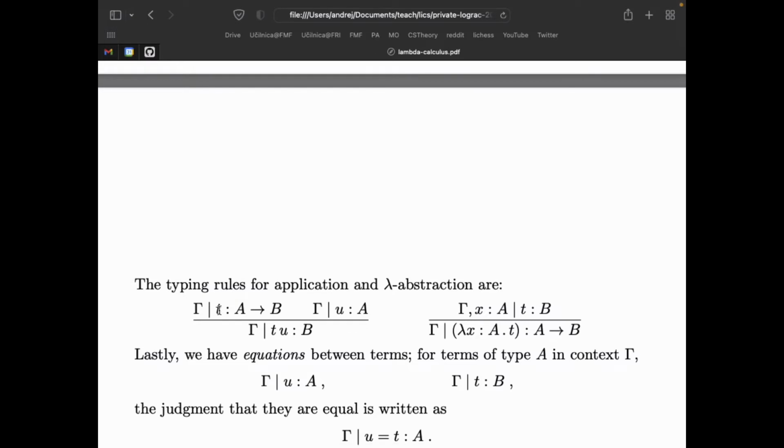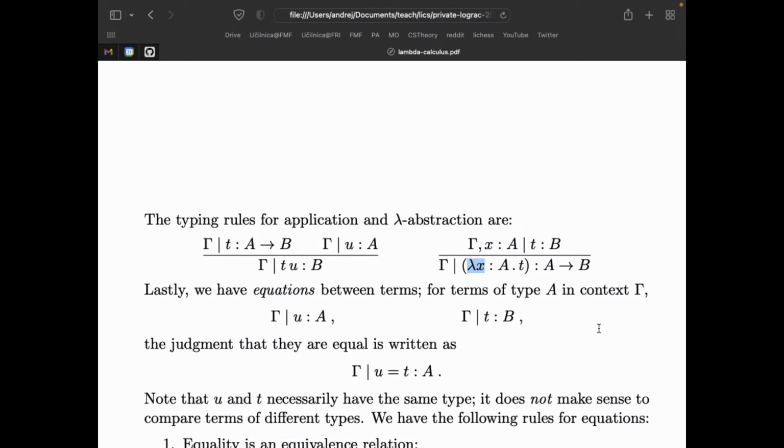If we have a term t which is a function from A to B, and we have a term u of type A, then t applied to u has type B. And here is the lambda abstraction. It says, if you can write some term t of type B using the variable x, then without the variable you get the function from A to B.